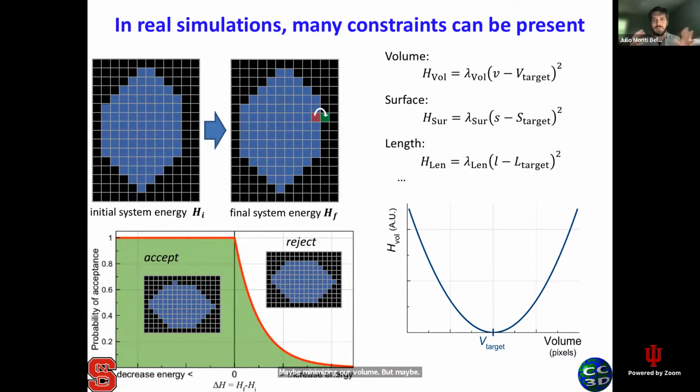And then whether you're going to accept, or whatever this change is going to reflect, an increase or decrease of energy, it will depend on the relative weights that you give to the volume, to the surface, to the length. So you may have properties of the cell that are slightly at odds with one another.